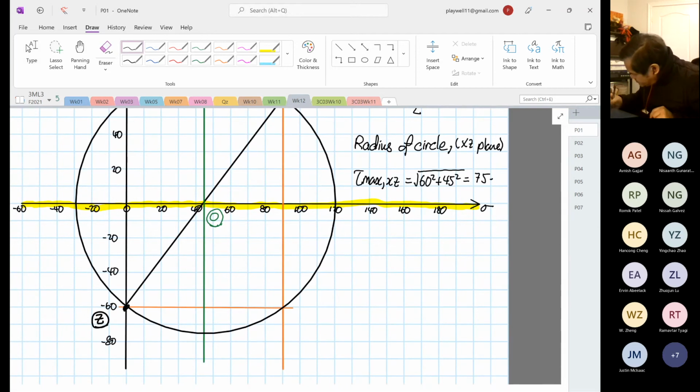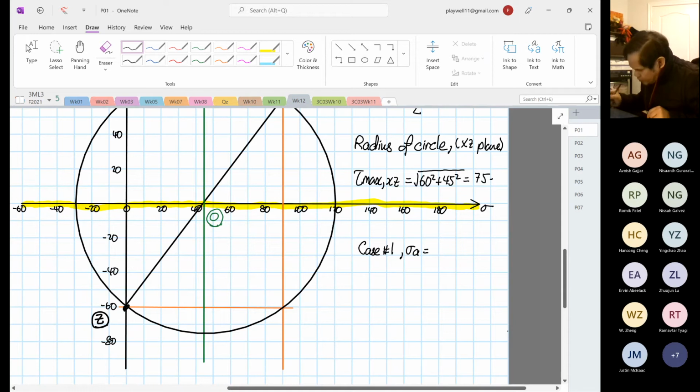Case number one is where stress A is equal to minus 30 megapascal. Now, why do I call it stress A and later B and C in 3D Mohr circle, right? 3D Mohr circle.